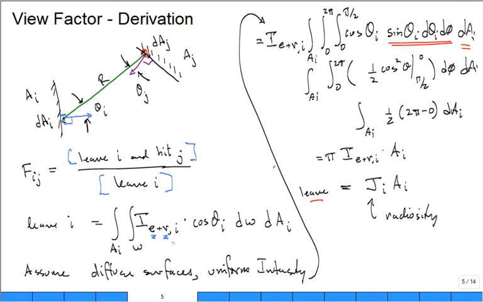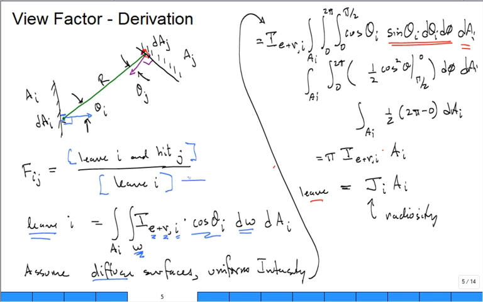We're going to assume that it's diffuse reflection, diffuse emission, and it's coming off the surface I. Well, we would then multiply by the cosine of the angle theta I, multiply by the solid angle, and integrate over the whole hemisphere for the solid angle, and that will be everything that leaves I.